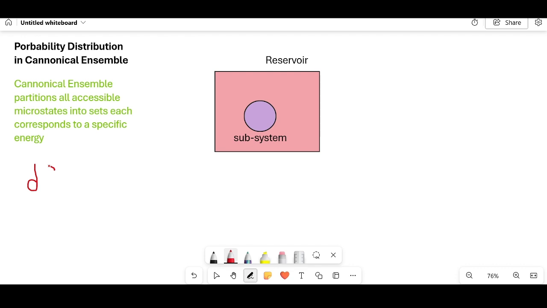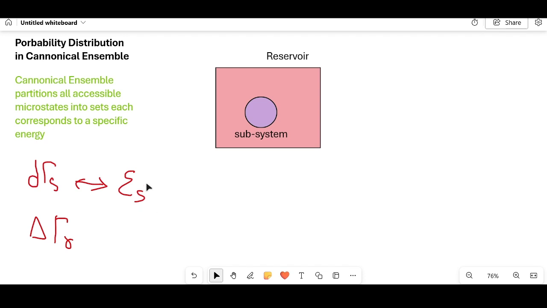d gamma s is the volume of phase space representing states of the subsystem with energy epsilon s. And delta gamma r is the total volume of phase space of the reservoir.